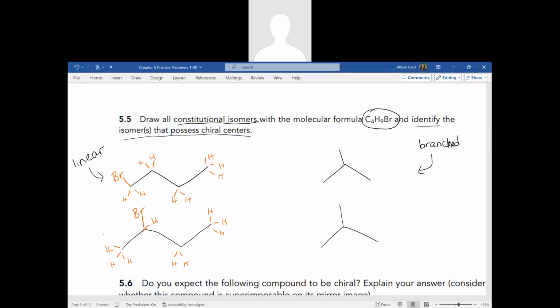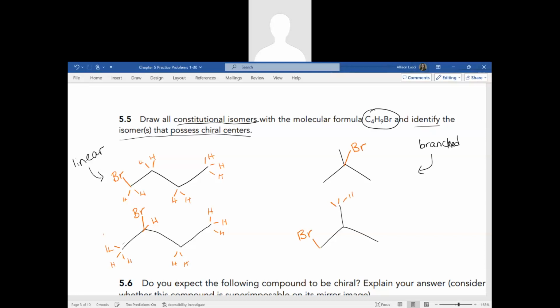Over here, we see some branched structures. So we could place our bromine in the middle here and have a 2-methyl-2-bromopropane, or we could place the bromine on a different atom here, and we would have a 1-bromo-2-methylpropane in this case. So we just double check.